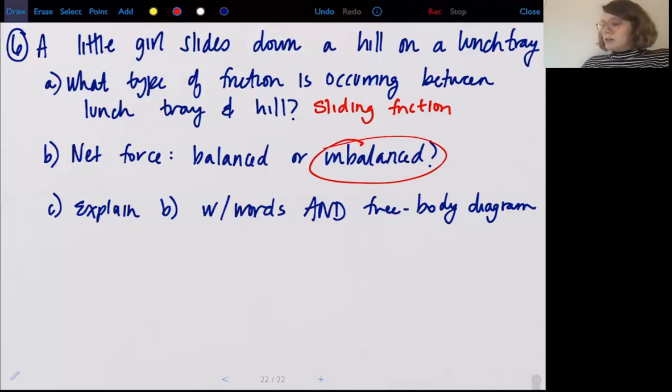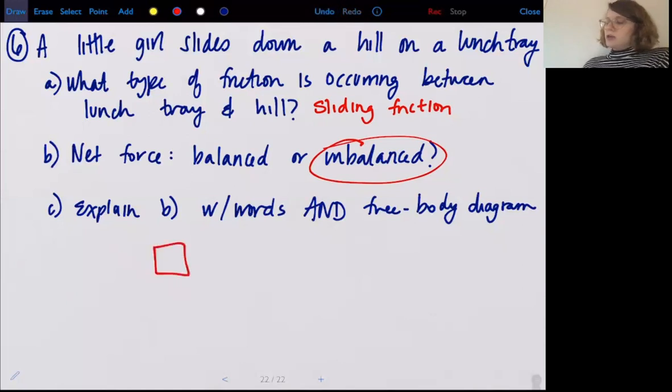And part C wants us to explain with words and a free body diagram our answer to part B. So draw a free body diagram and explain why you said that the net force is unbalanced in part B. Well, our little sled here, we're going to draw it like this.